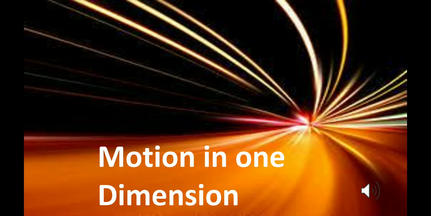One dimension, two dimension, three dimension. When a body moves along a straight line path, its motion is said to be one dimension motion. So we are going to study motion in one dimension in this chapter. So let us continue.